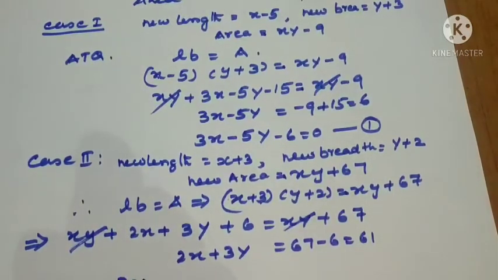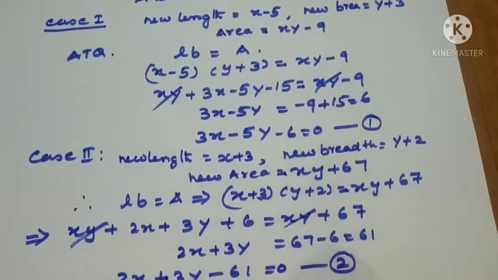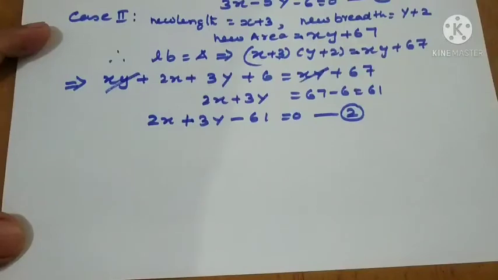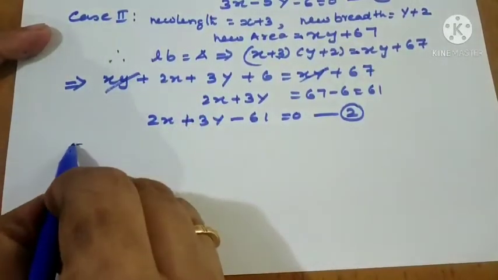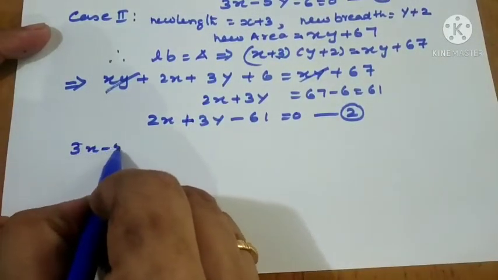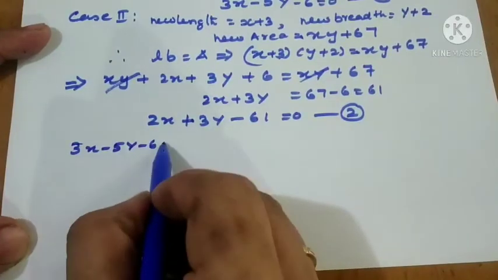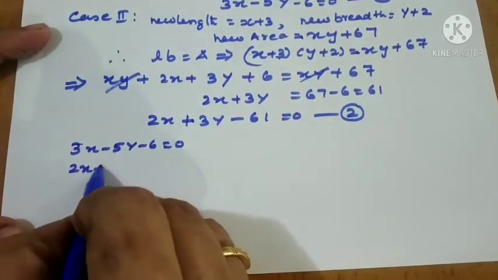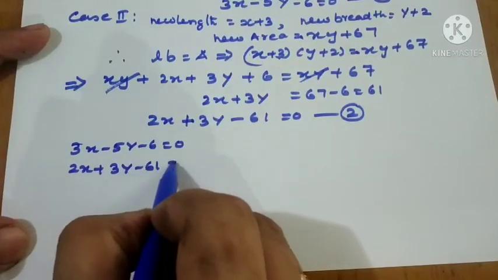So our second equation is 2x plus 3y minus 61 equal to 0. So we'll write in the standard form once again. 3x minus 5y minus 6 equal to 0. 2x plus 3y minus 61 equal to 0.